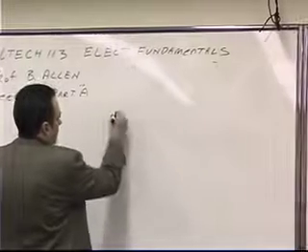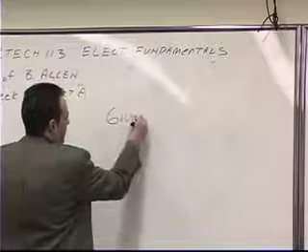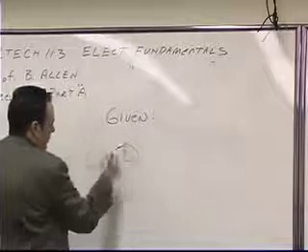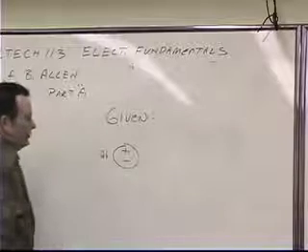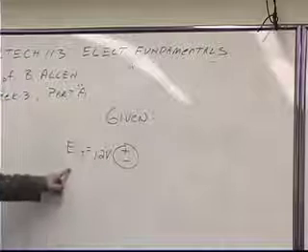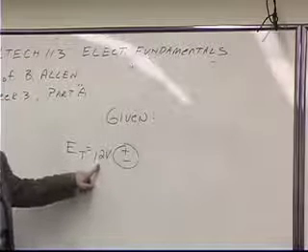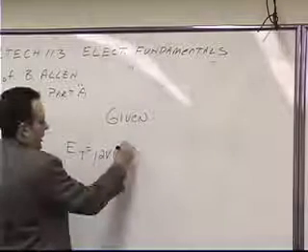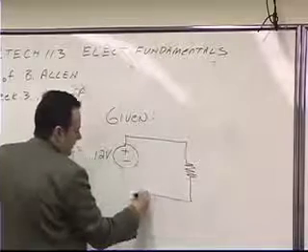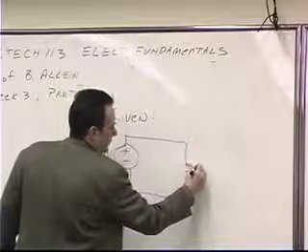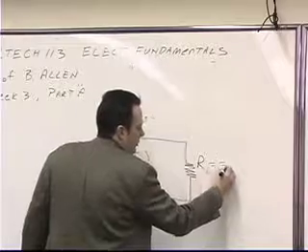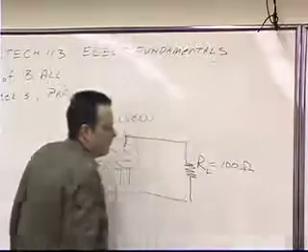If we're given a circuit, and let's say in the circuit we just have a battery that's 12 volts, just like your car, so the source voltage is 12 volts. And we have one resistor over here. This might be the filament in a toaster. This is the resistor of the load, and it is equal to, let's say, 100 ohms.